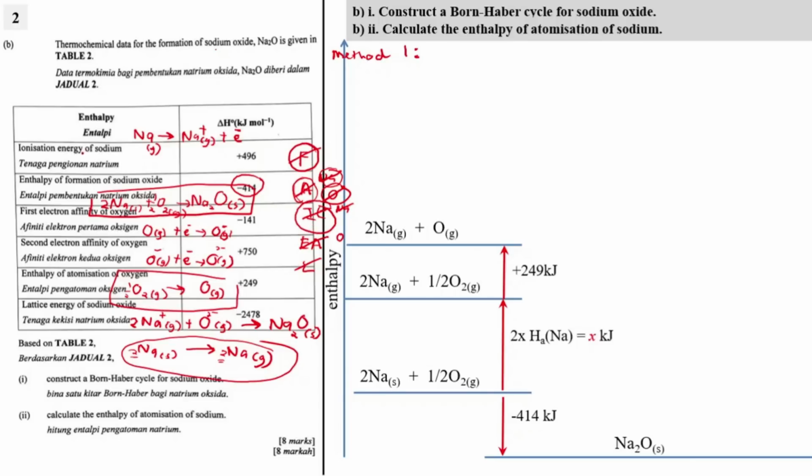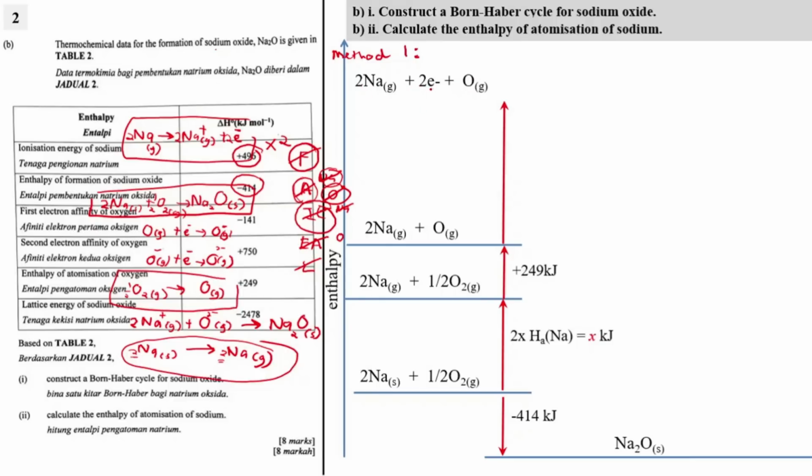So ionization energy is for sodium. From Na becomes Na plus electron. But now we have 2Na, so basically it's going to become 2Na plus and then 2 electrons. So this value here will be multiplied by 2. Okay, so we're going to make a line. So 2Na gas plus 2 electrons plus oxygen.